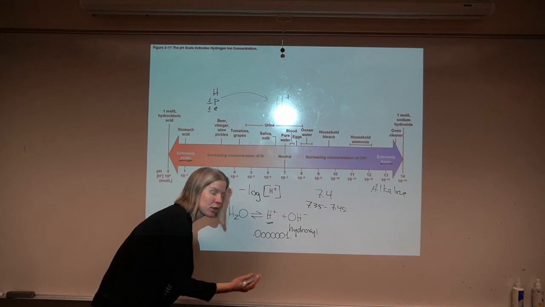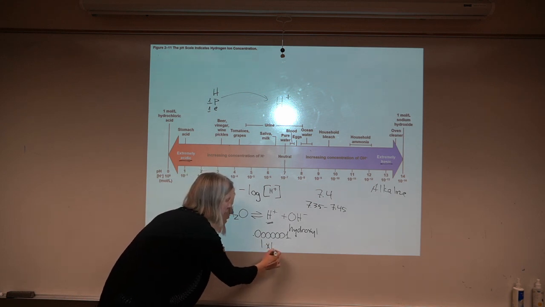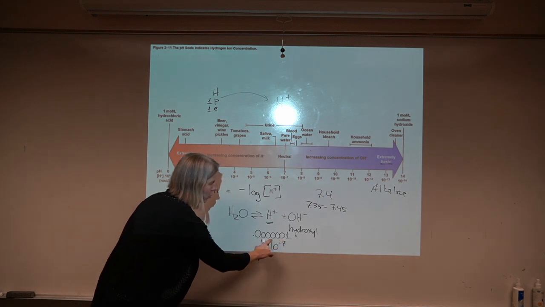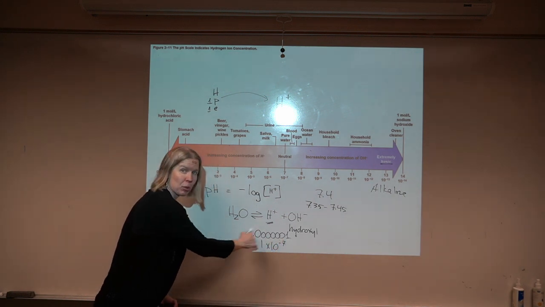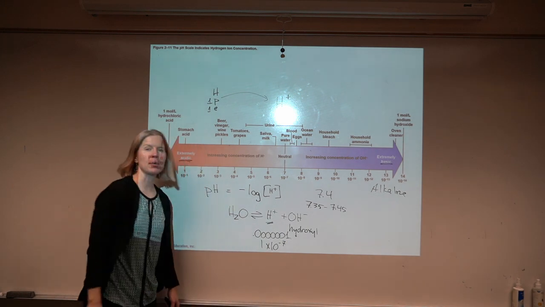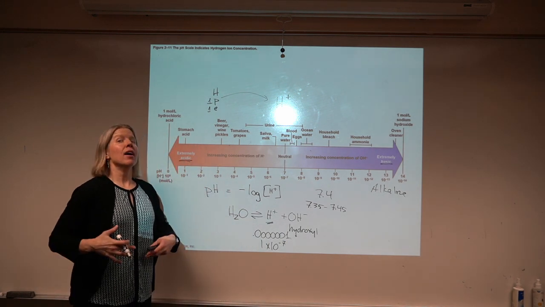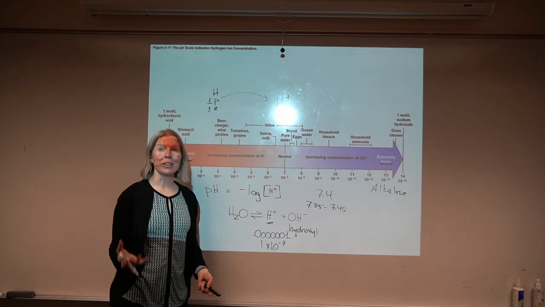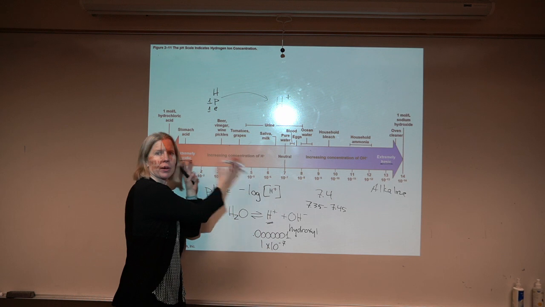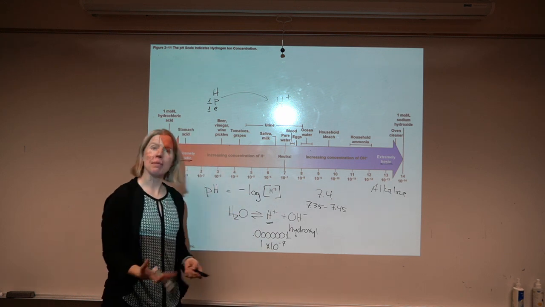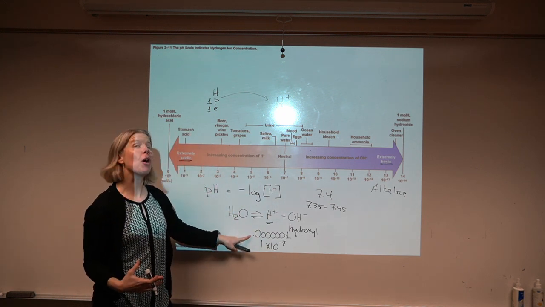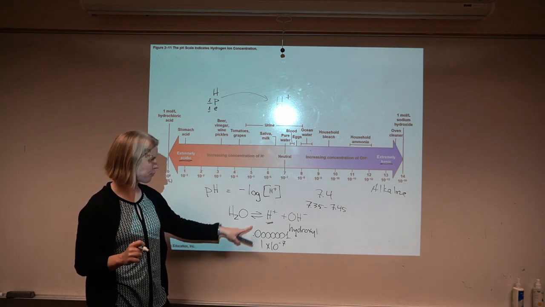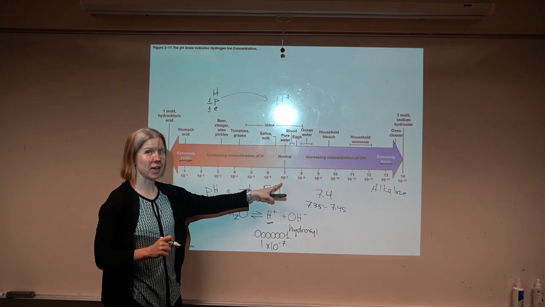And in scientific notation, we would write that as 1 times 10 to the negative 7th, right? 1, 2, 3, 4, 5, 6, 7 decimal places to the left, 1 times 10 to the negative 7th. That is why neutral is 7, instead of it being 0 in a negative scale and a positive scale. It's the actual amount of hydrogen ions, a very small number that you would find in a pure glass of water. Now, that's the concentration of hydrogen ions.